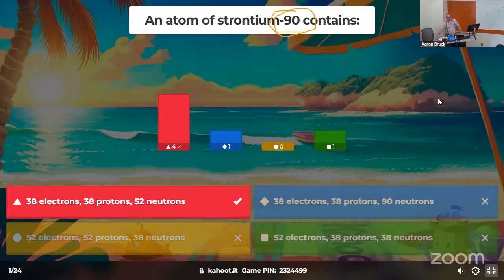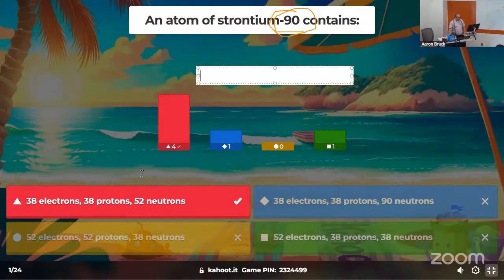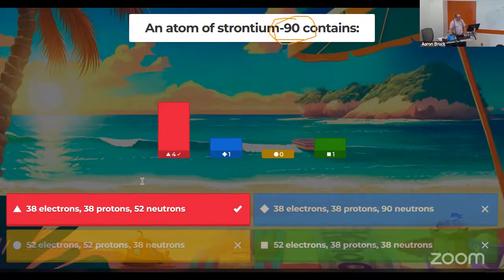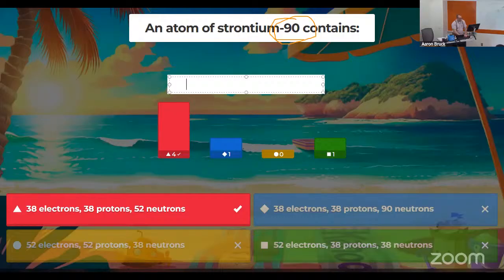So if I go to my periodic table, strontium is element number 38. So I know from this that there are 38 protons.